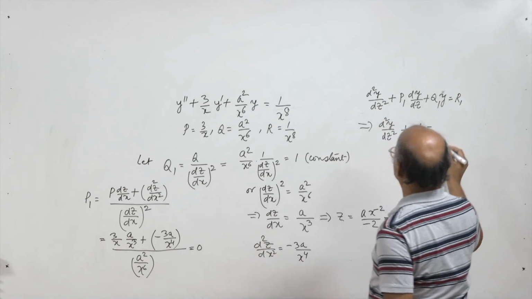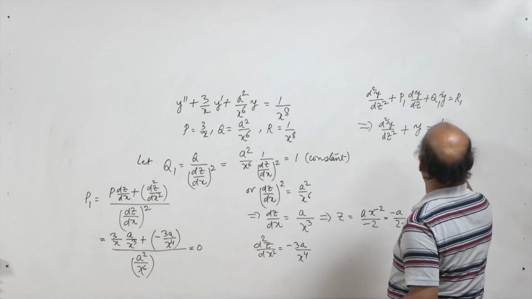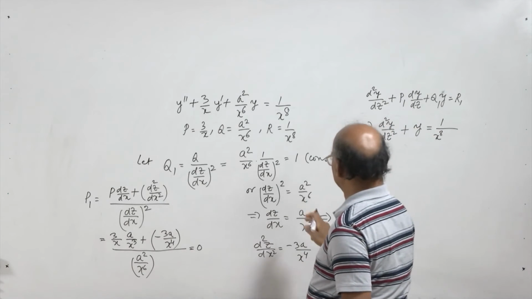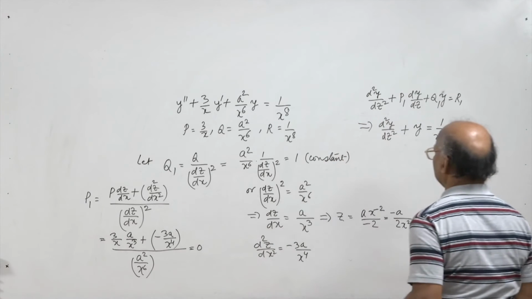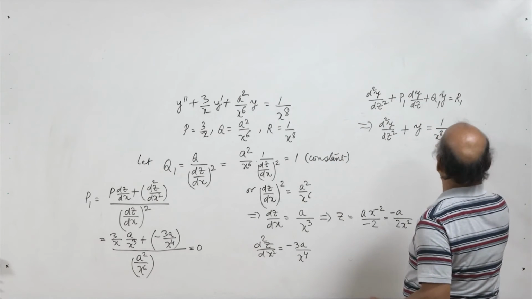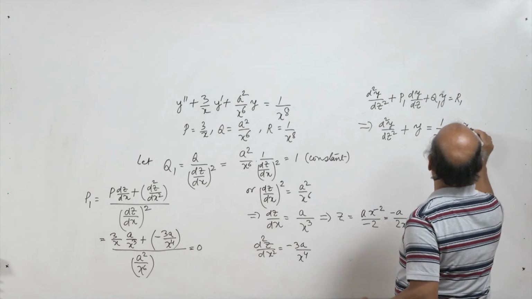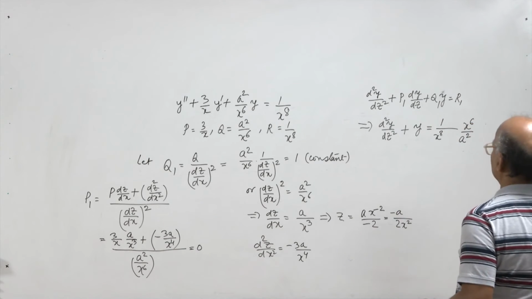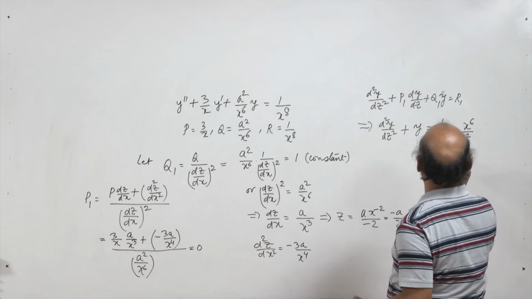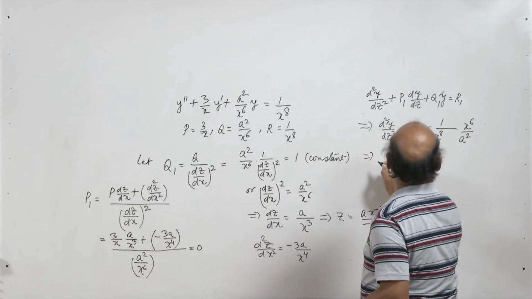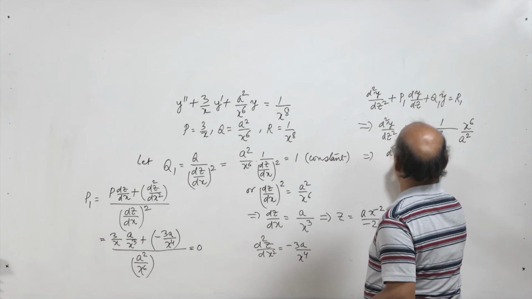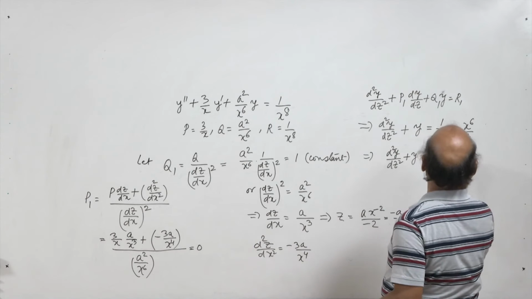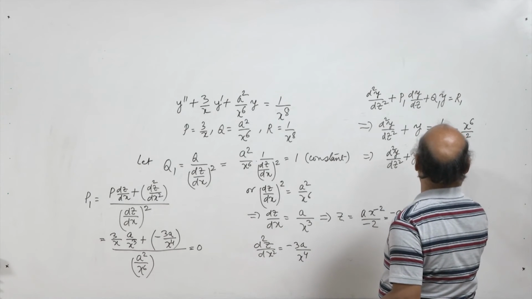So r1 is 1 over x to the power 8 divided by a square over x to the power 6, so we get x to the power 6 over a square. So we get d square y over dz square plus y equal to 1 by a square x square.